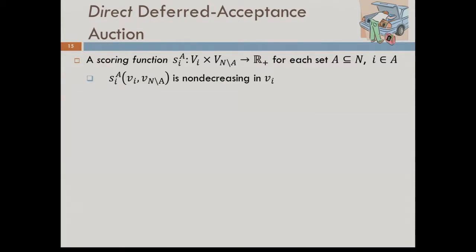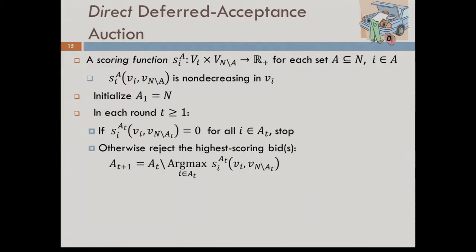Bidder I's score is calculated based on his own value and the values of all the bidders that are already rejected, not on the values of bids that are still active. And the score is non-decreasing in your own bid. Initially everybody is active, and then in each round you iterate, rejecting the highest scoring bid, until all the remaining bidders have 0 scores, in which case you stop.